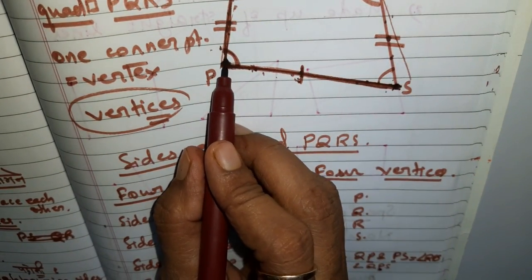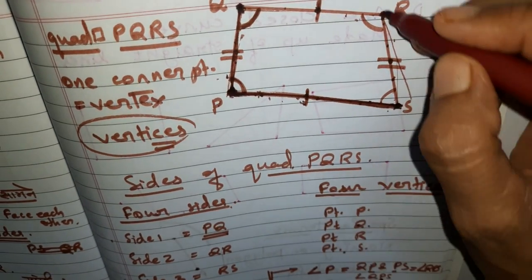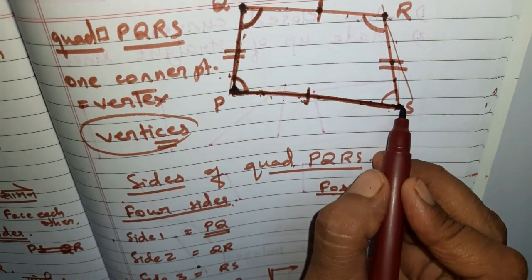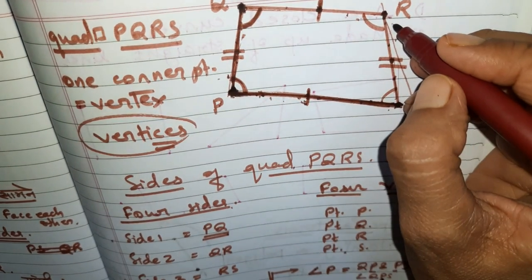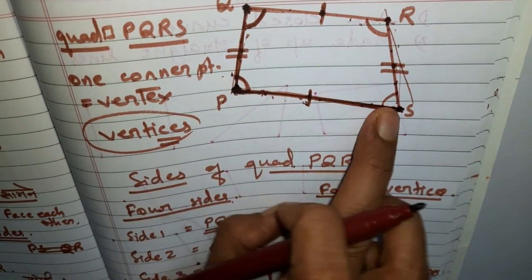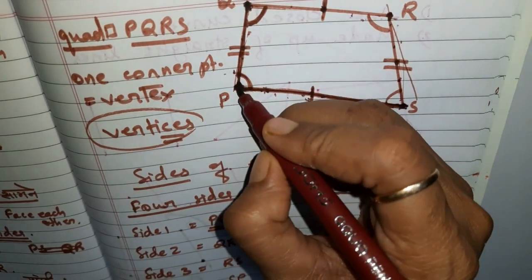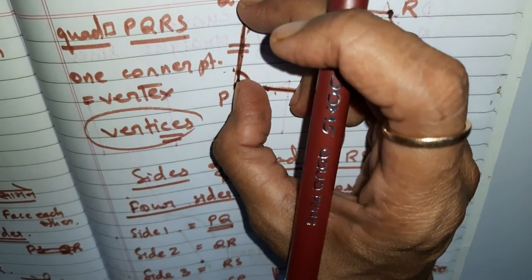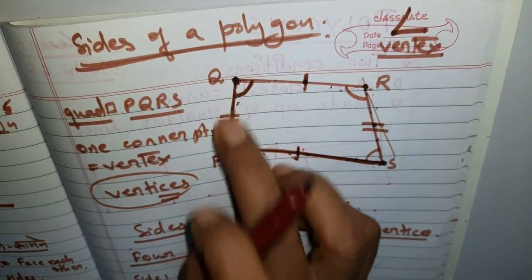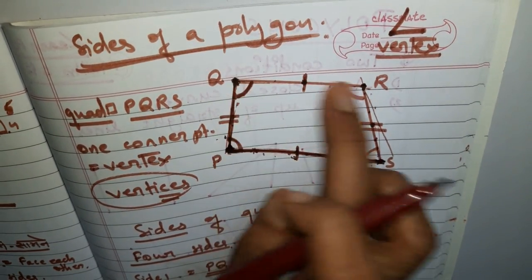Now this side has another neighbor, so you can say that PS is also adjacent to SR. But let us go in a cyclic way. I have considered these two pairs, so now I am going to consider the next ones. PQ, if you consider this side, then adjacent to this side is this one as well as this one.